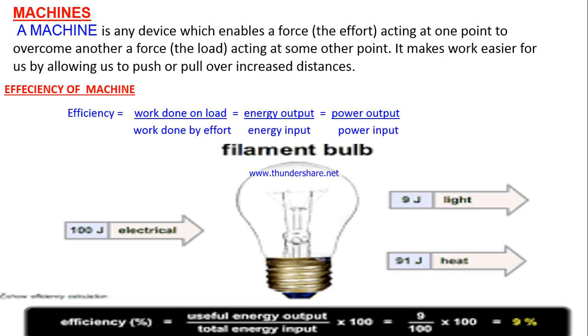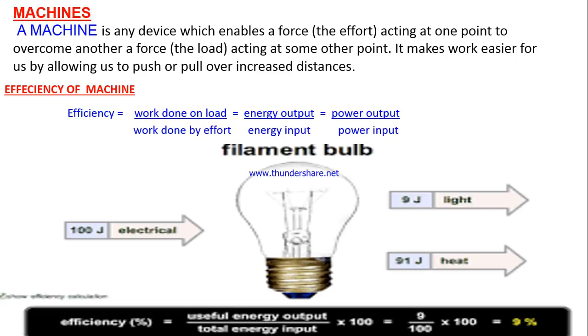So if I put in an input of 100 joules, then I get an output of, let's say, 9 joules of light, whereas I lose 91 joules in heat. My output is 9 joules, whereas my input is 100 joules.